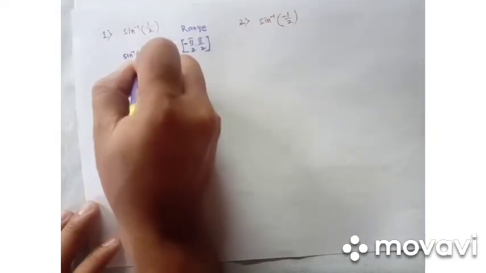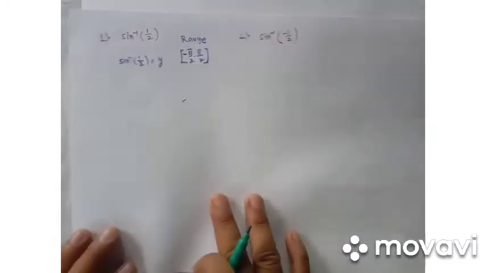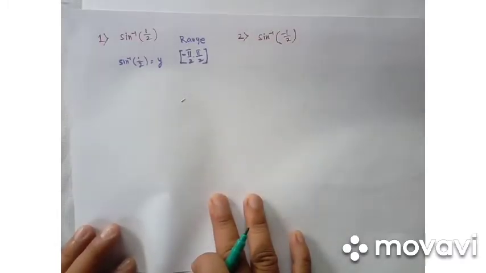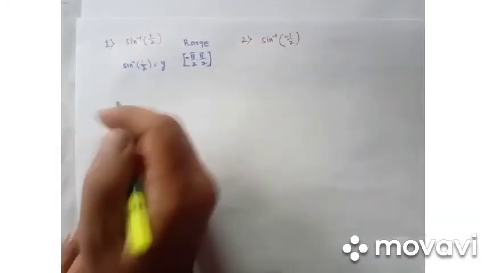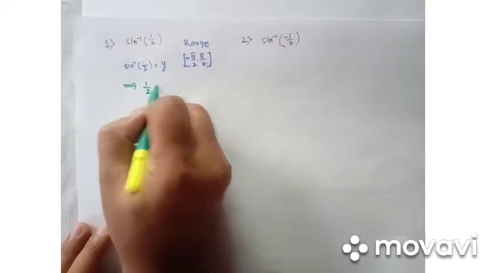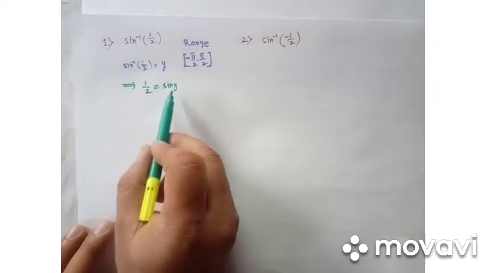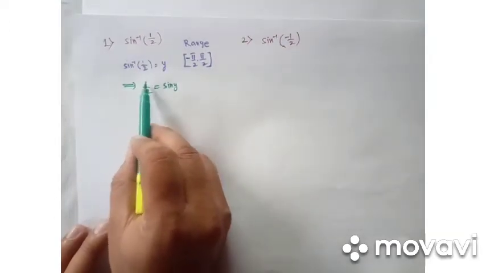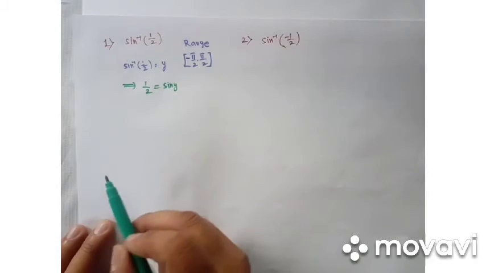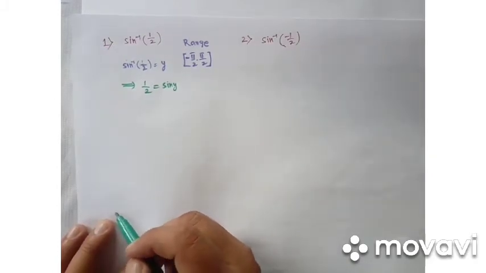As we already know, let sine inverse 1 by 2 be equal to y. Then send this sine inverse to the right hand side. Then it can be written as sine y is equal to 1 by 2, where this 1 by 2 will get the value in the particular domain, minus pi by 2 to plus pi by 2.